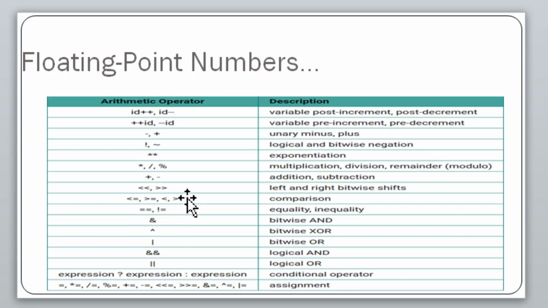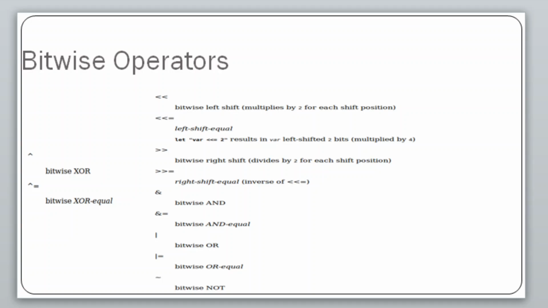As well as some comparisons, you know, not equal, less than, greater than, greater than or equal to, less than or equal to. You also have some bitwise operators here. So bitwise left shift, which multiplies by 2 for each shift position.